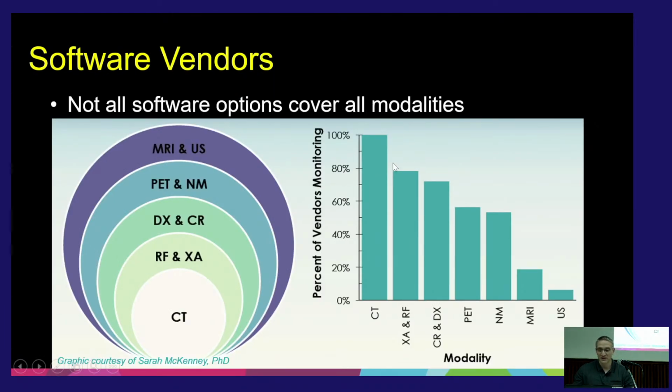Once again, not to harp on a point, but if you do pick a dose monitoring solution, you have to make sure it will meet the needs of the hospital. Pretty much every one of them, as of today, will cover CT, but not all of them will cover all of the modalities out there by way of monitoring either dose or for MR and ultrasound utilization.